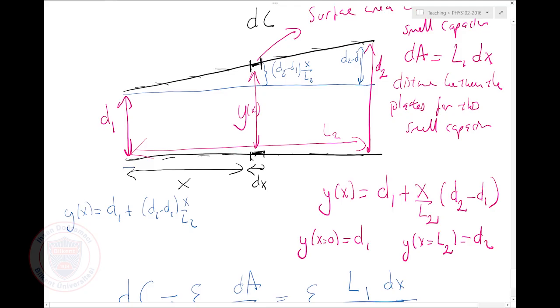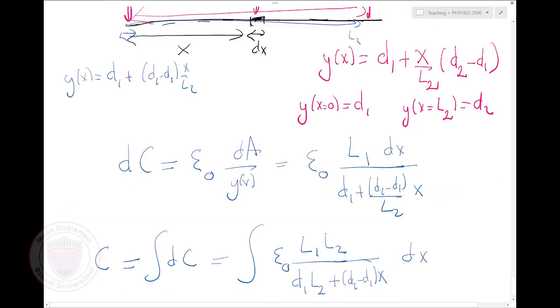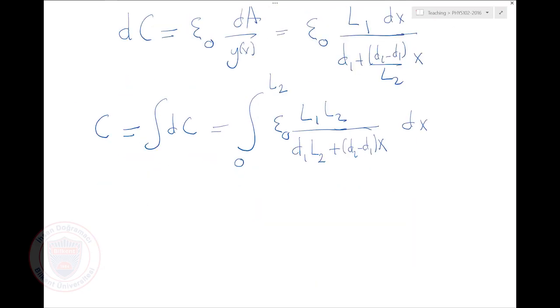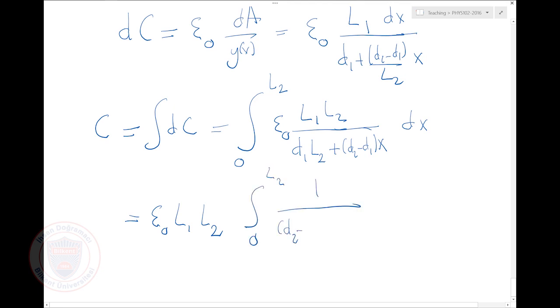I must start from x equals 0 and go all the way to L2. Epsilon 0, L1, L2 are nice and easy variables. They are constants. I took them out.